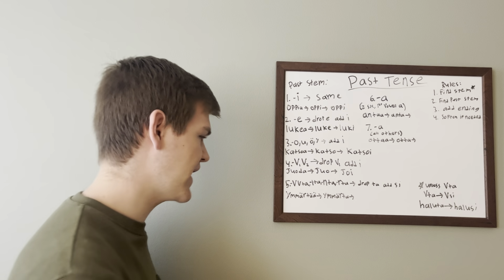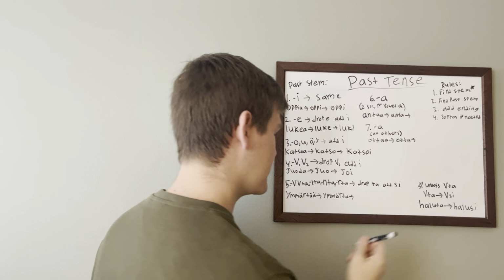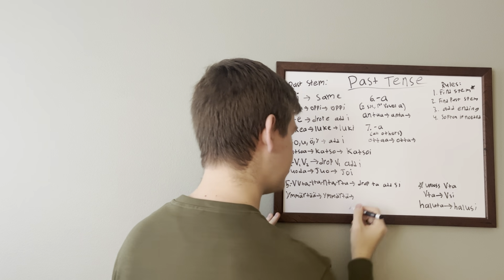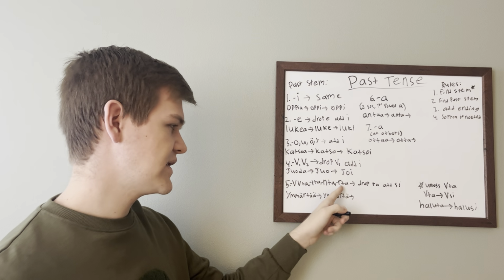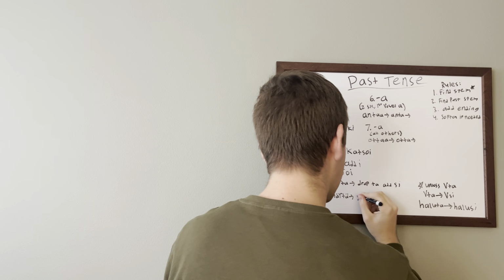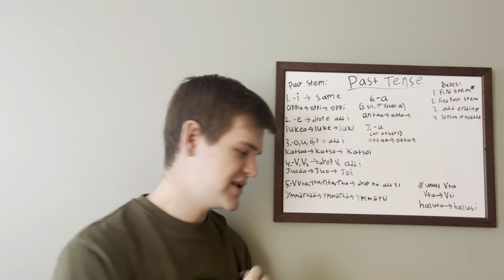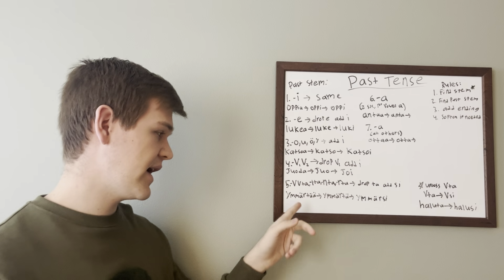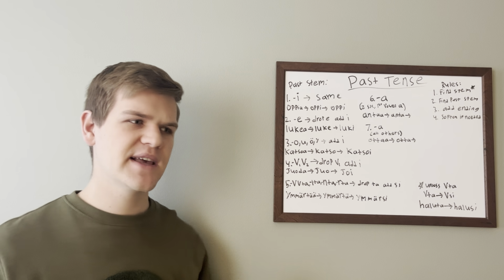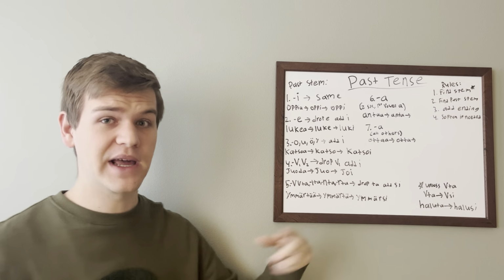So an example of that, ymmärtää, the stem is ymmärtä with a single RTA. So since it ends in RTA, we can drop the TA and add SI for our stem. So we get ymmärsi. Ymmärtää is to understand. So if I want to say I understood, we can just add an N onto here, we get ymmärsin.